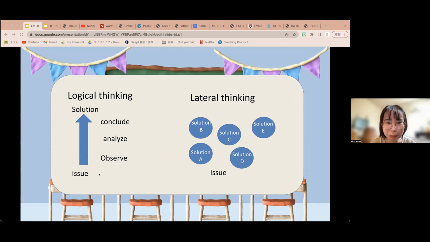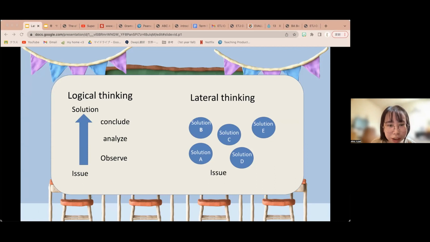So here is a visual image of both kinds of thinking. For logical thinking, there is an issue, and to solve it, you have to observe, analyze, and conclude to reach the solution. So you have to follow a very organized step.